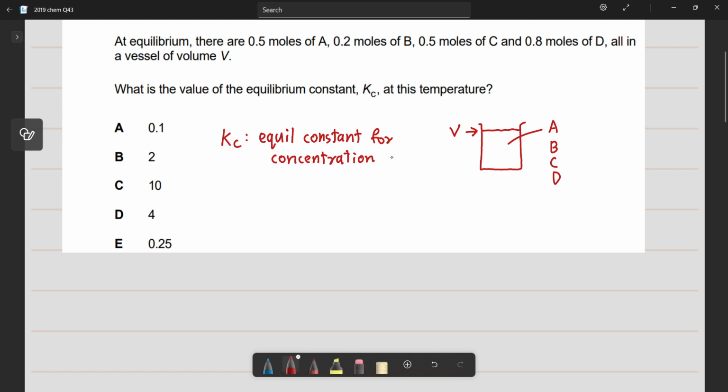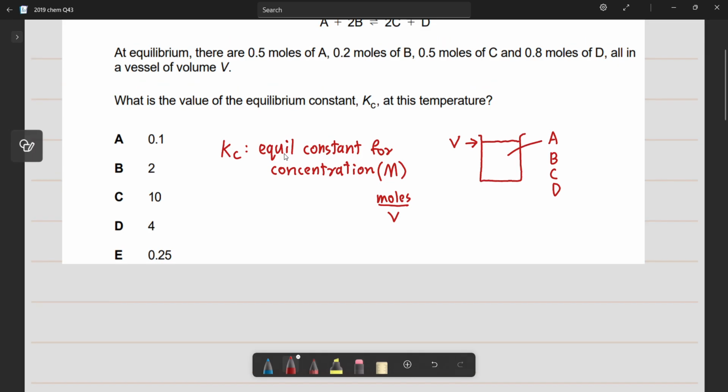the type of concentration we are going to use is molarity, which is a molar concentration given in capital M, which is basically moles of a solute by volume. Okay, so as we know, this equilibrium constant Kc that we're supposed to find out for this question, we must know the formula, the expression for Kc.